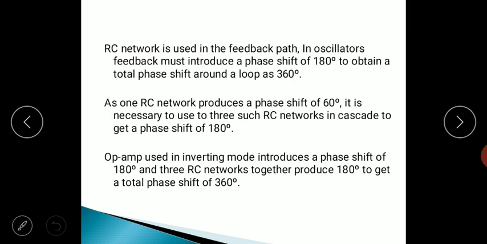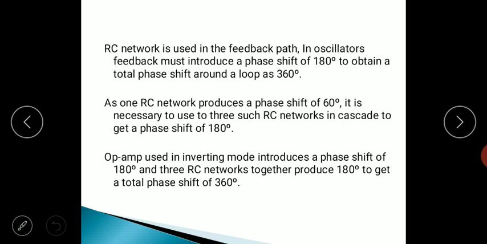So the RC network which is used in this particular oscillator consists of 3 RC sections, and each RC section is designed to give a phase shift of 60 degree, so that we have 3 identical RC sections. Each RC section means a resistance and capacitor.